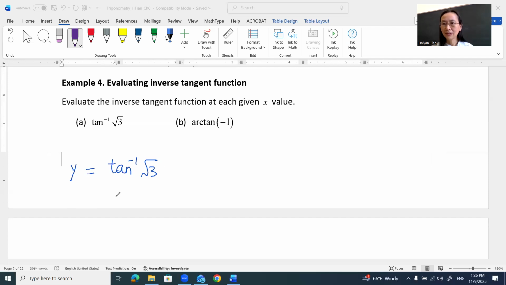What is the specific y value? This y must be such that its tangent is square root of 3. And this y must be in the range of tangent inverse, that means y must be in that interval.